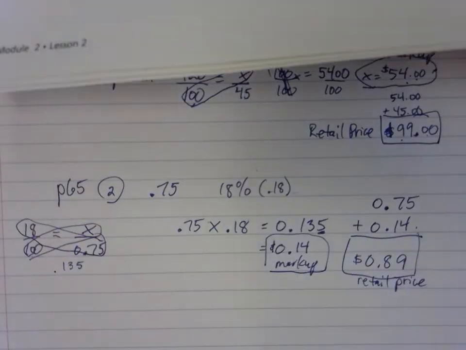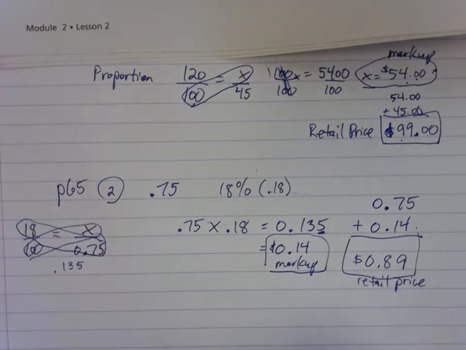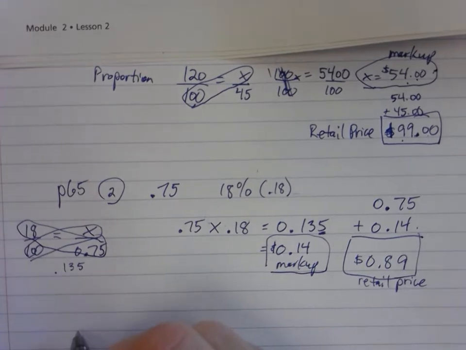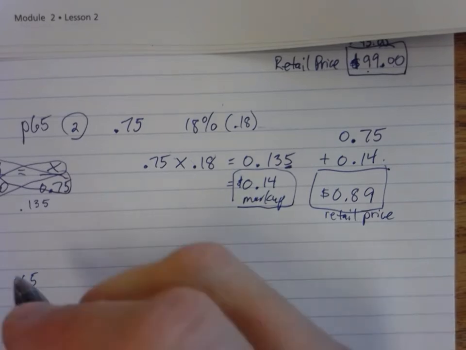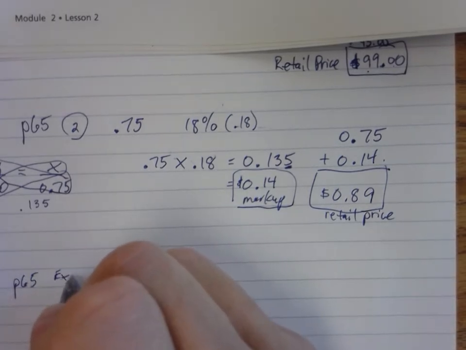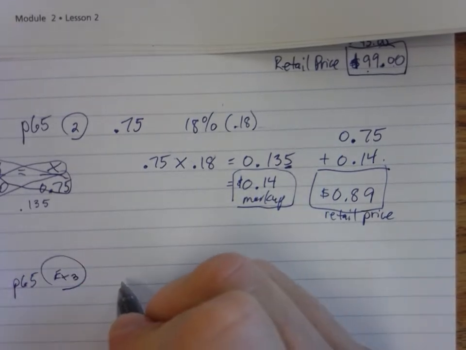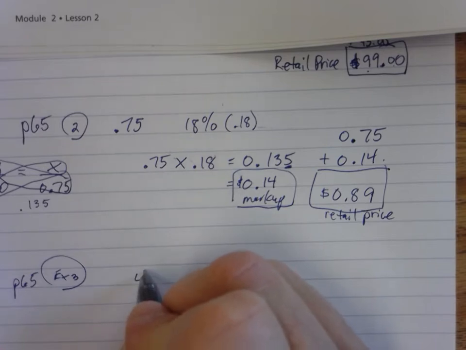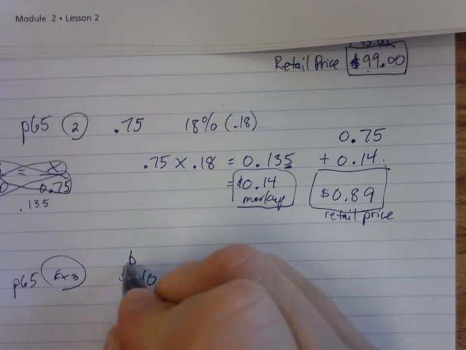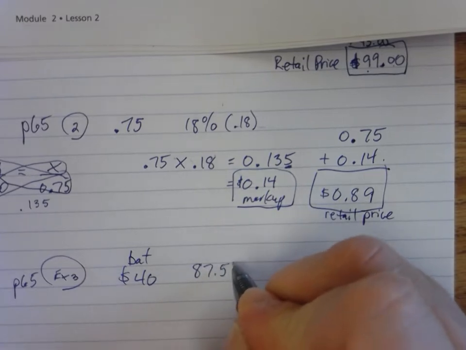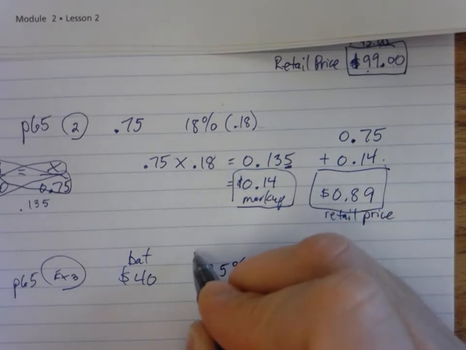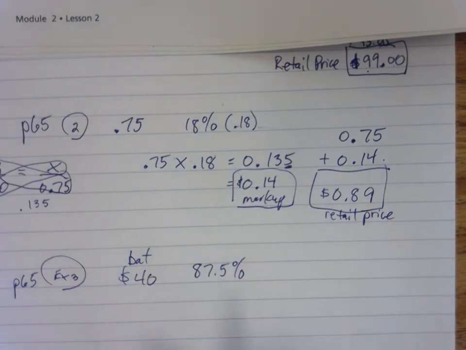So let's go here. We've got the percent, and this is example 3 on page 65. So the bat is $40, and they're marking it up 87.5%. We're going to multiply those two things together, just like I did in the other one.